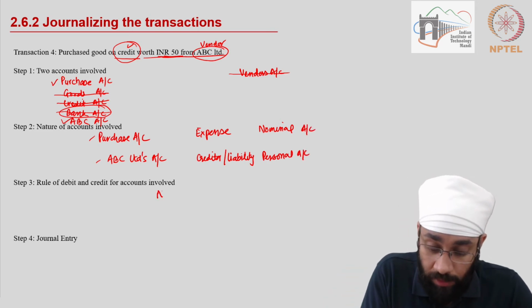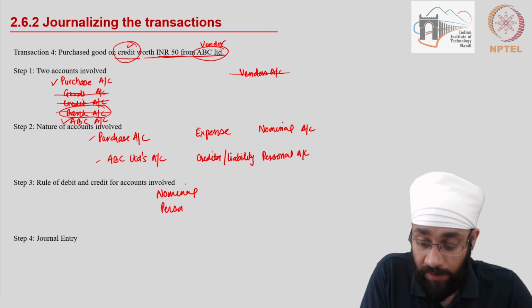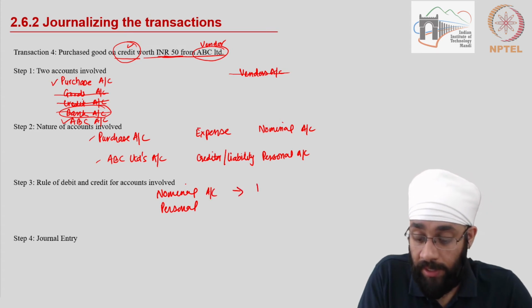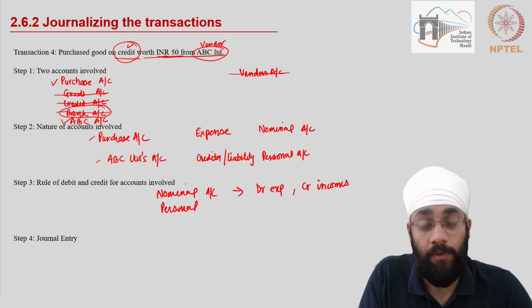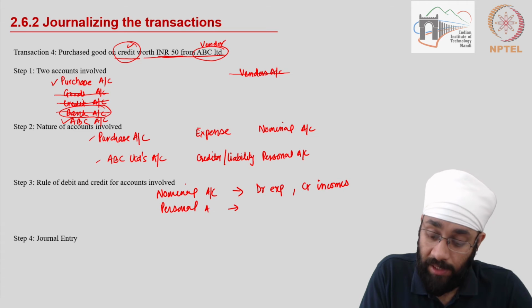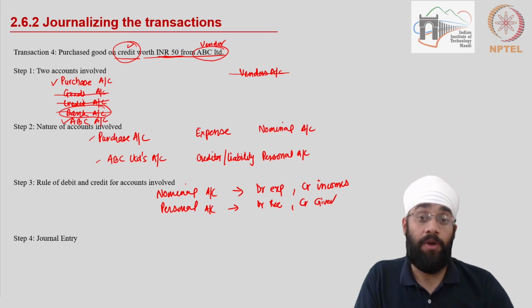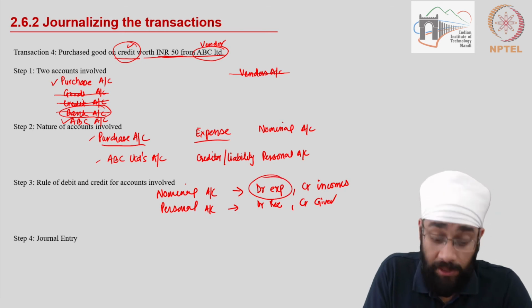What is the rule for nominal account and for personal account? For nominal accounts, the rule is debit all expenses and credit all incomes. And for personal accounts, the rule is debit the receiver and credit the giver. Now let us see, purchase is an expense. So purchase being an expense will be debited.